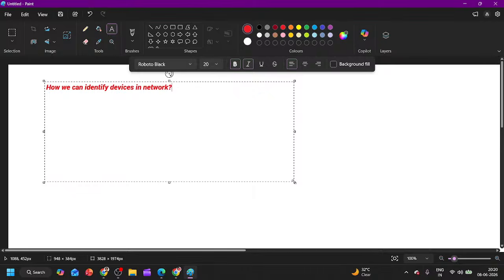For example, in my laptop I have CCNA.pdf, a file I want to send to another PC in the same office, or maybe in a different office in a different city, anywhere. Requirement: from source to destination, I want to send some data. How can we identify both the source and destination devices?